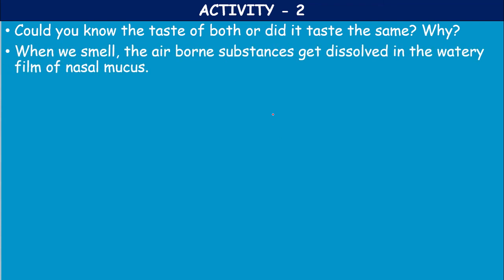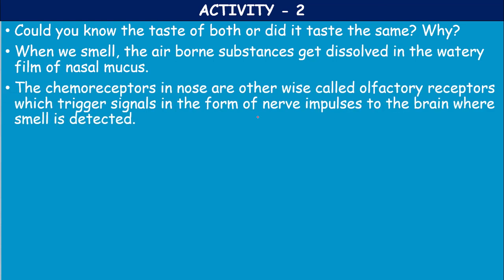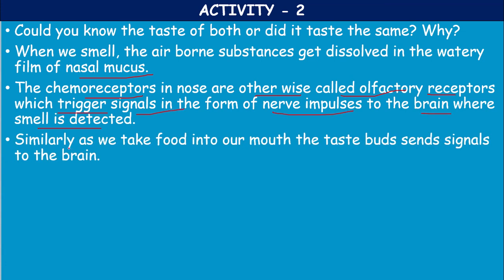So when we smell, airborne substances get dissolved in the watery film, that is the mucous membrane of the nasal mucus. The chemoreceptors in the nose, otherwise called olfactory receptors, trigger signals in the form of nerve impulses to the brain where smell is detected.